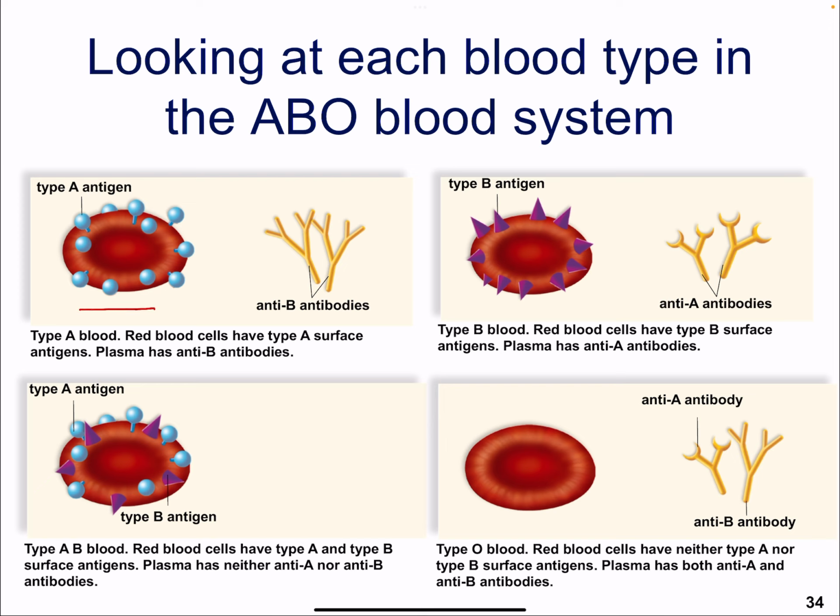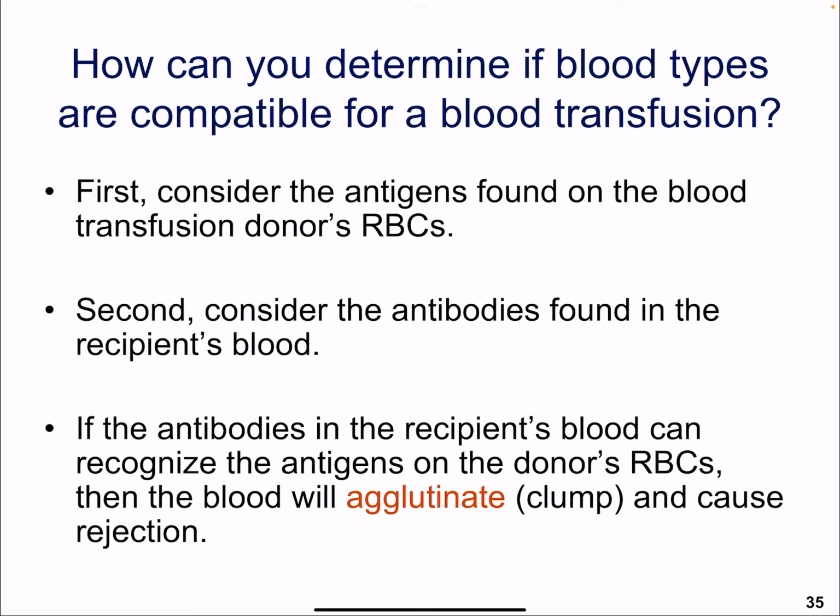Type A, you're going to have antibodies against B. Type B, you're going to have antibodies against A. Type AB, you will not have antibodies against A or against B. But type O, you will have antibodies against B and against A, right? And basically, this causes us to characterize the different blood types.